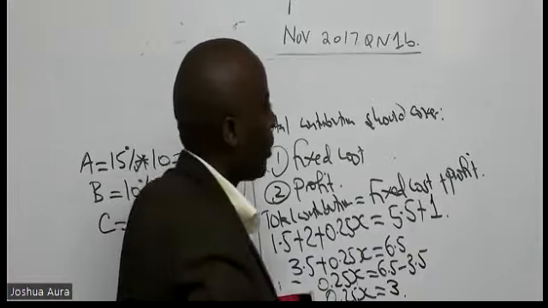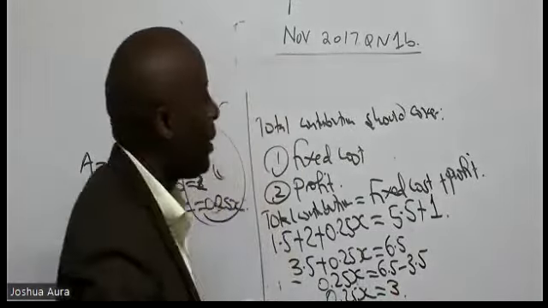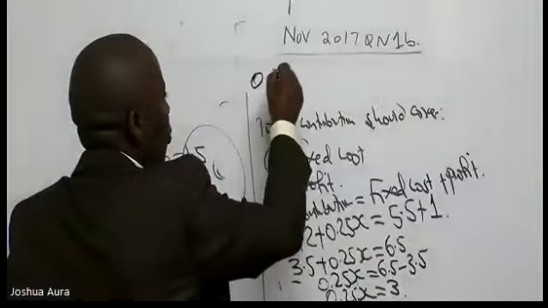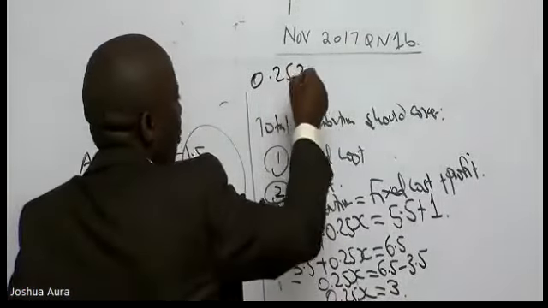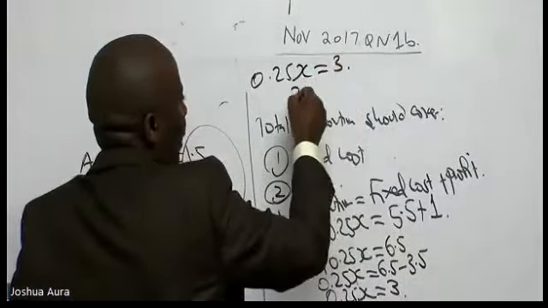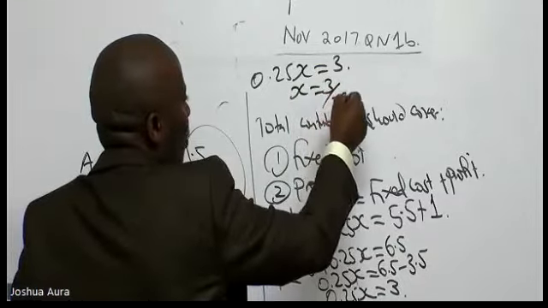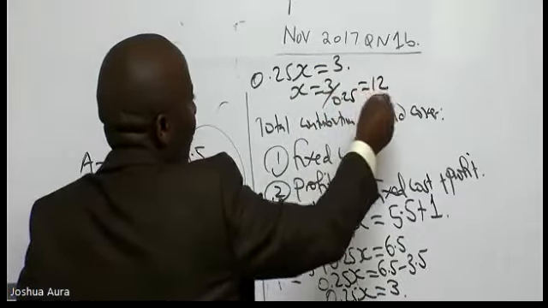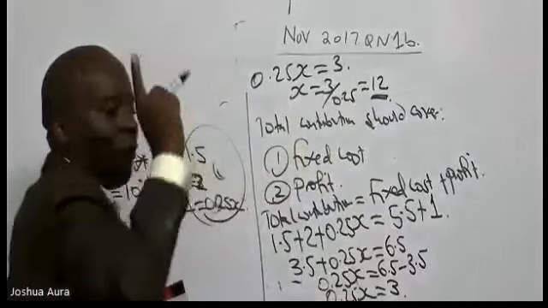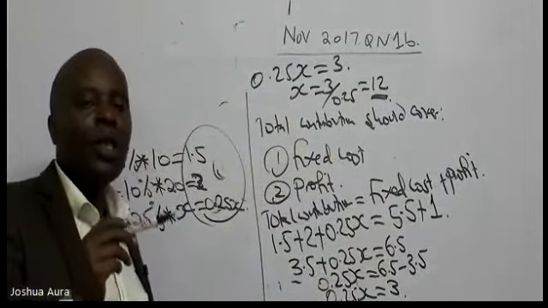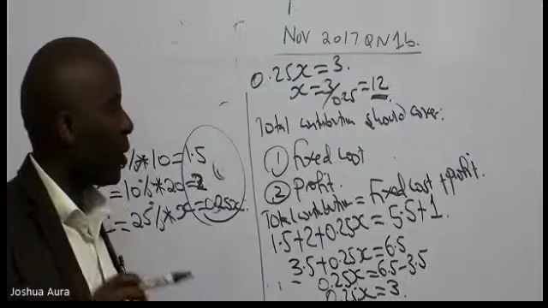Then if that is the case, I'm saying here, very importantly, that 0.25x equals 3 million, and therefore x will be 3 million divided by 0.25, which students are giving me a figure of 12 million. What most students here were not able to remember is this.